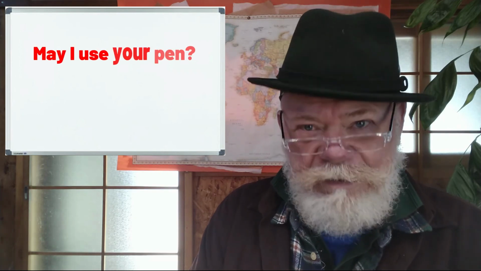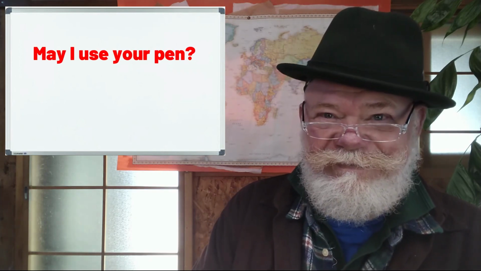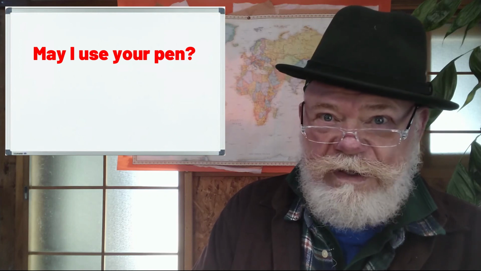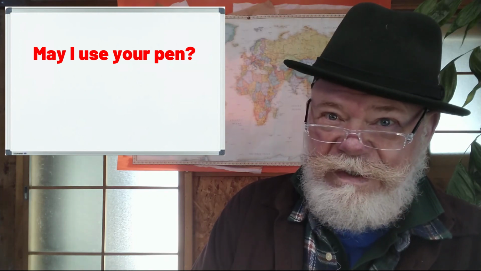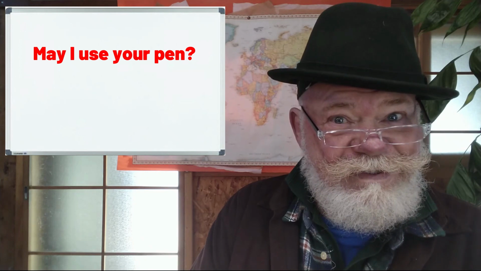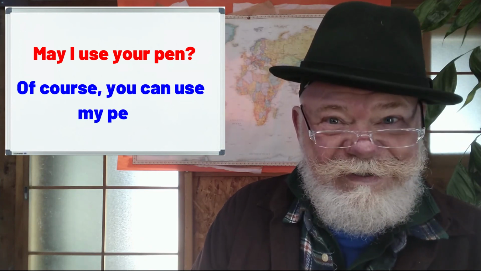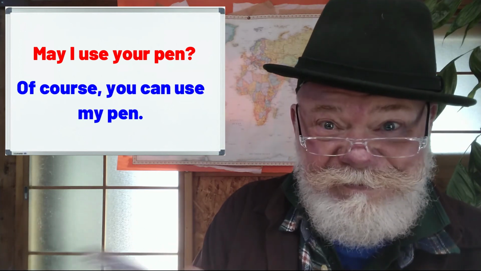Now let's talk about a pencil or pen. Here's a trusty three-colored pen. And so let's have a little scenario here. One person asks, may I use your pen? And then, of course, you would say to that person, if you're not using it, of course, you can use my pen.